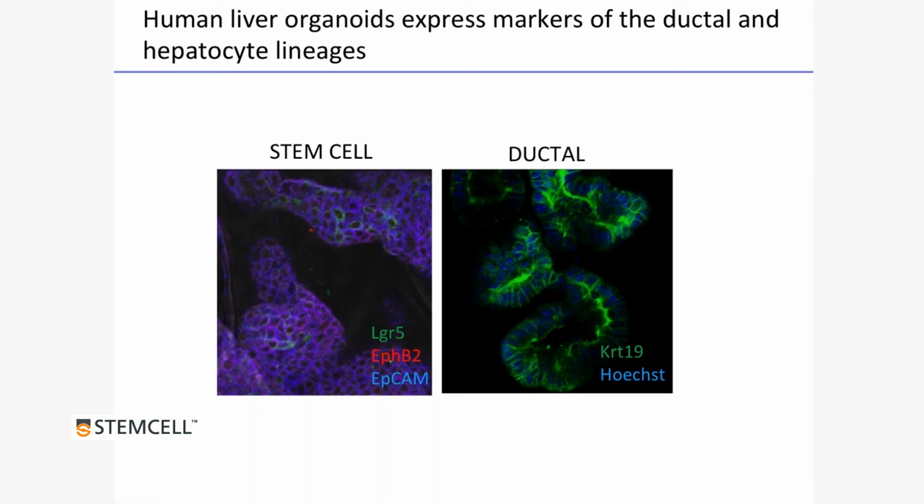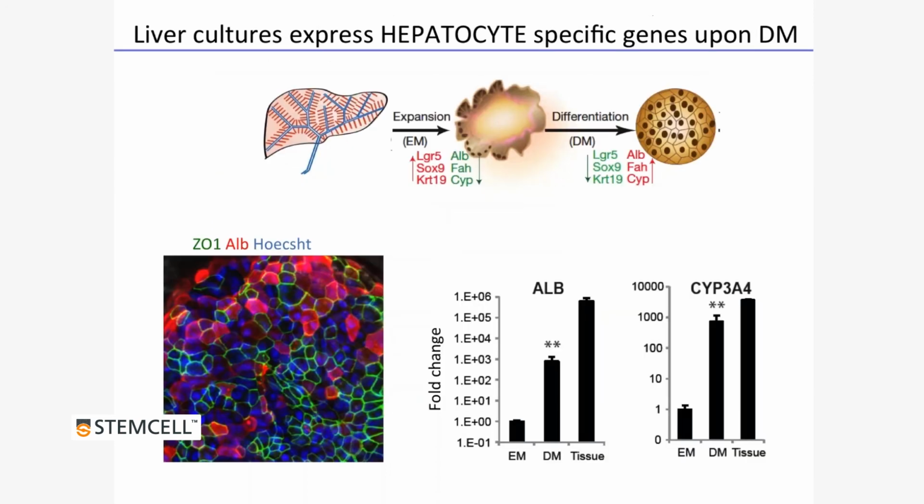And when we differentiate them, again removing the growth stimuli and inhibiting Notch and TGF-beta signaling, we observe that this columnar epithelium changes to this octagonal or polygonal shape classical of hepatocytes and starts expressing classical markers of hepatocytes like albumin or ZO1.